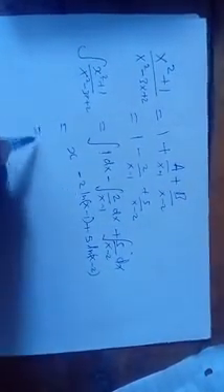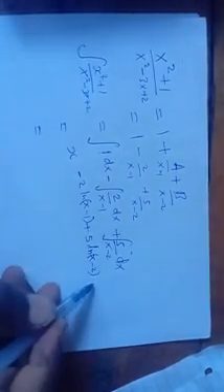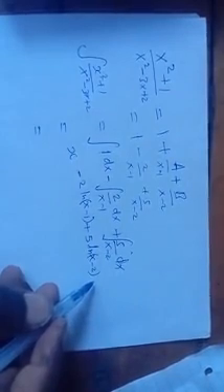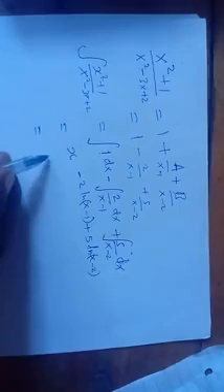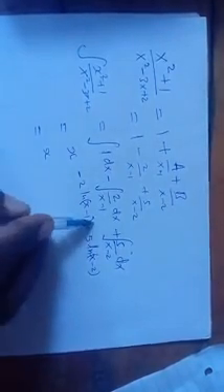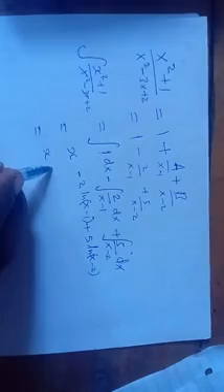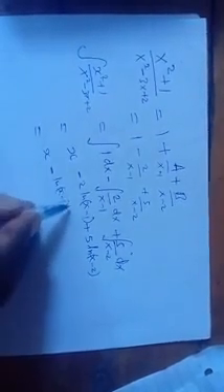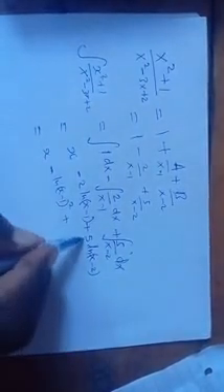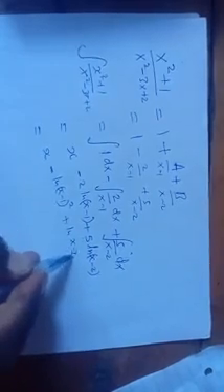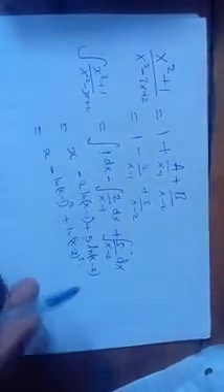So this becomes our answer, that is x. This minus 2 can go up here, so that you have minus ln of (x minus 1) squared. This 5 can go up here, so that you have ln of (x minus 2) raised to 5.